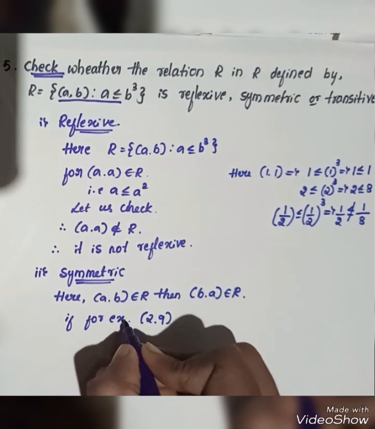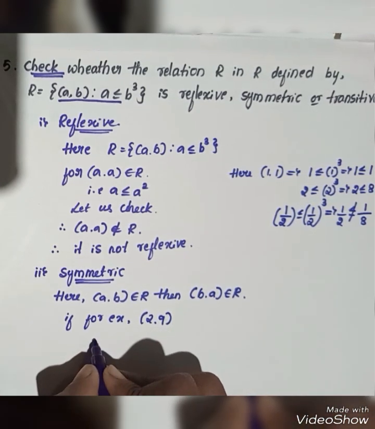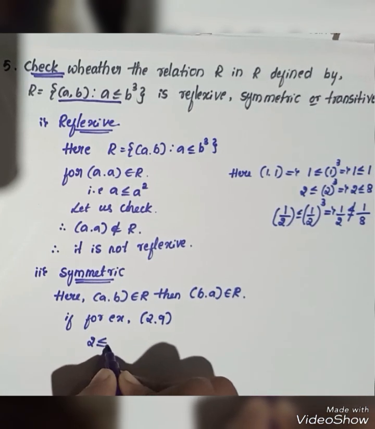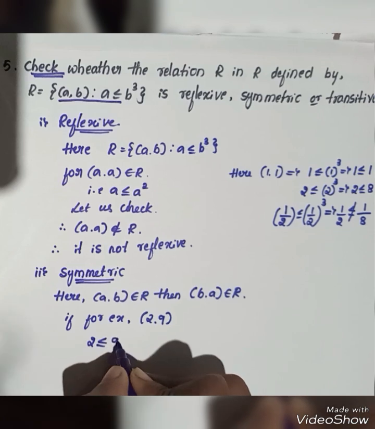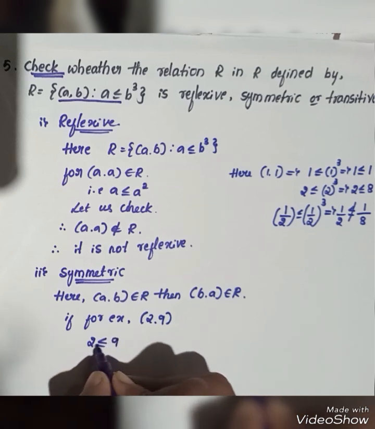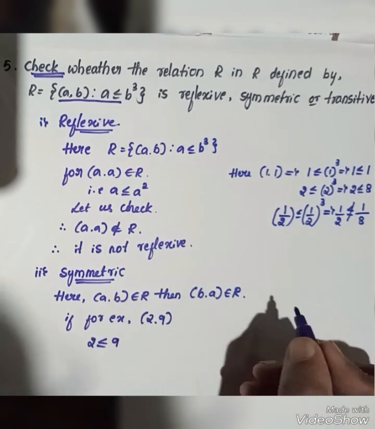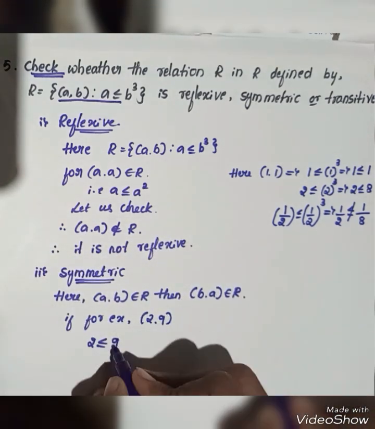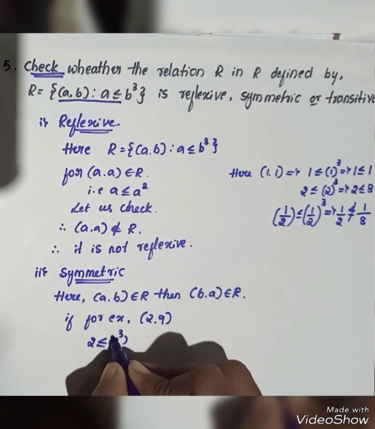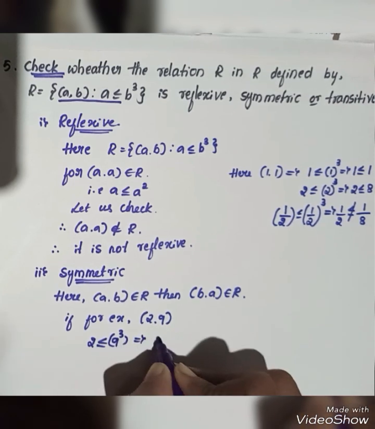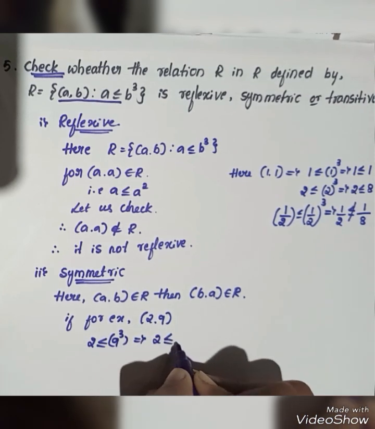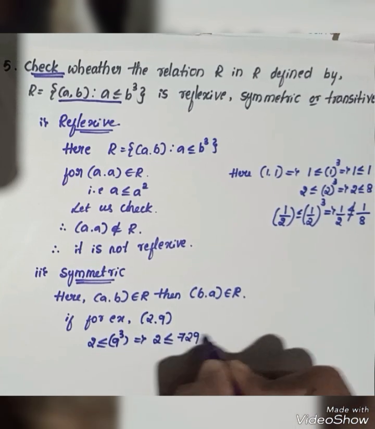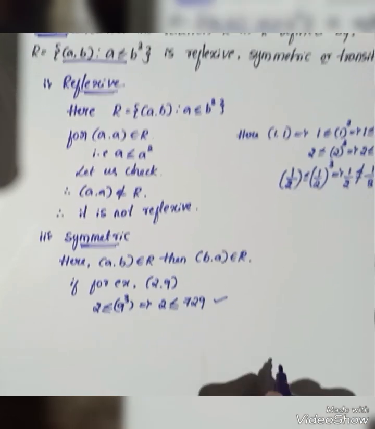While taking the example (2, 9), the a value becomes 2, which is less than or equal to 9 cube. 9 cube value becomes 9 multiplied 3 times, that is 729. The condition is obeyed.